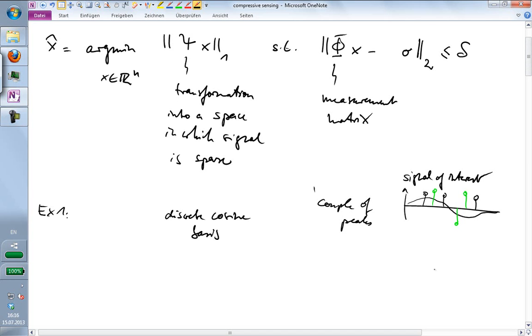If, on the other hand, so let's say the signal of interest, I will make it blue here in this plot to distinguish it from the basis functions.